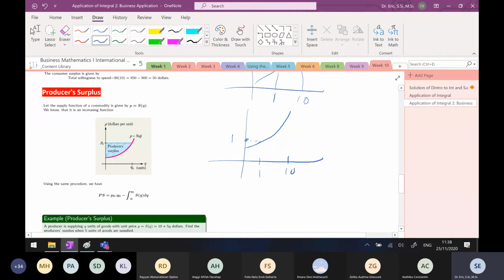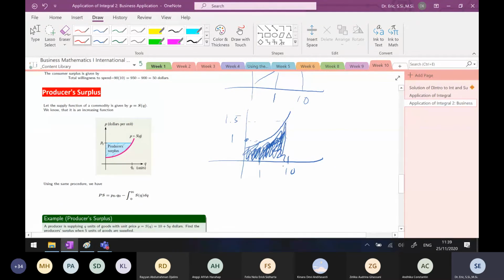If you buy 10 units, the producer expects you to buy at 1.5 million. So the profit expected by the producer is the area of this. This is the area that is expected by the producer.